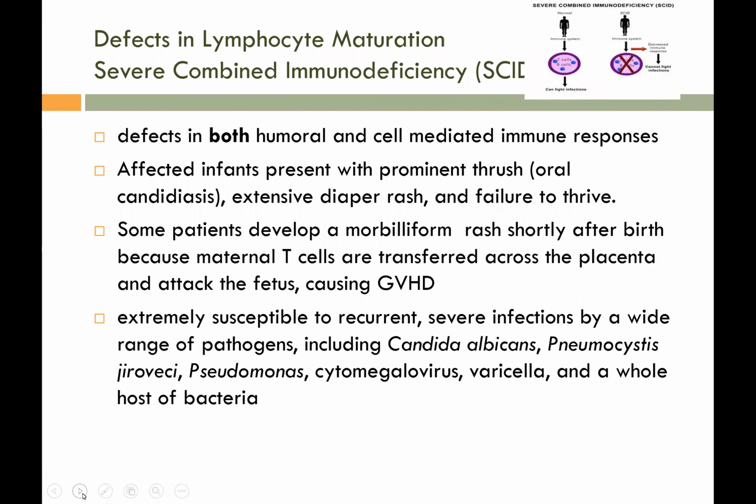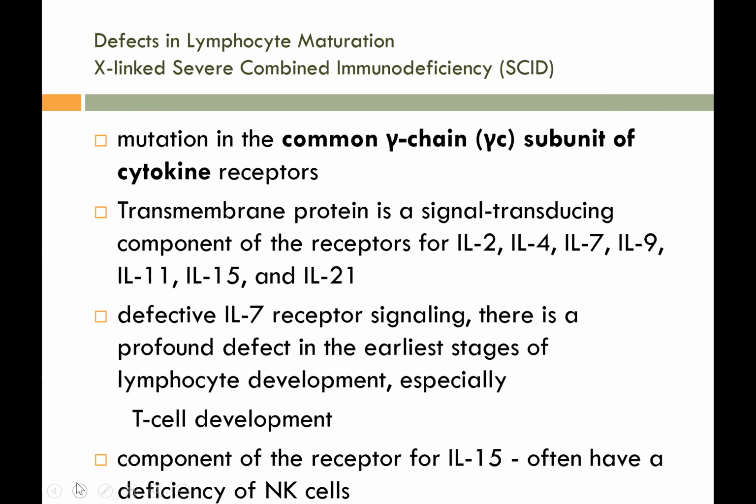The other one, so again, with severe combined, from the term itself, it affects both humoral and cell-mediated immunity. I have already mentioned what you are to expect to see among these patients. And I have also enumerated some of these organisms a while ago while I was introducing it. Okay.